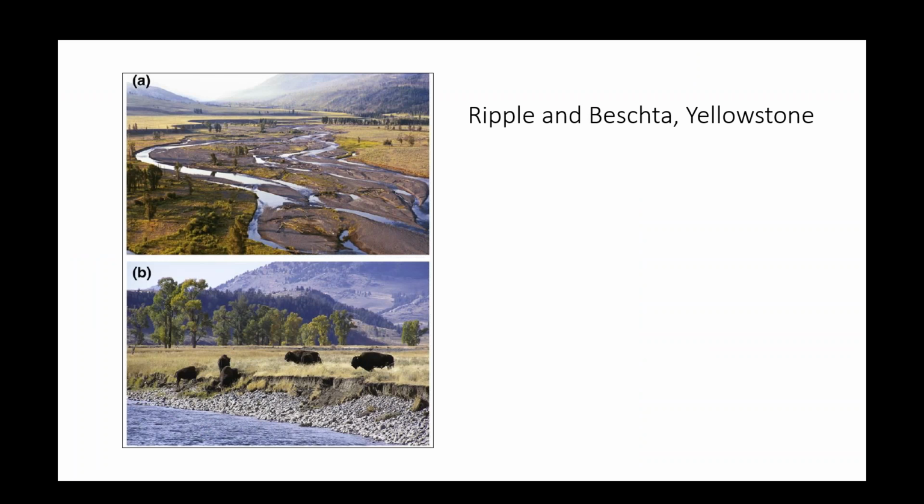However, these effects are not simple. So this is Ripple and Beschta's work, more recent work in Yellowstone. They reported in the early 2000s that riparian vegetation was recovering, and now they're reporting that it really isn't. The situation is that elk numbers have declined, the bison numbers have gone up about an order of magnitude, and wolves don't like to prey on bison because they're far more dangerous prey than elk are, so bison can kill a wolf very easily.